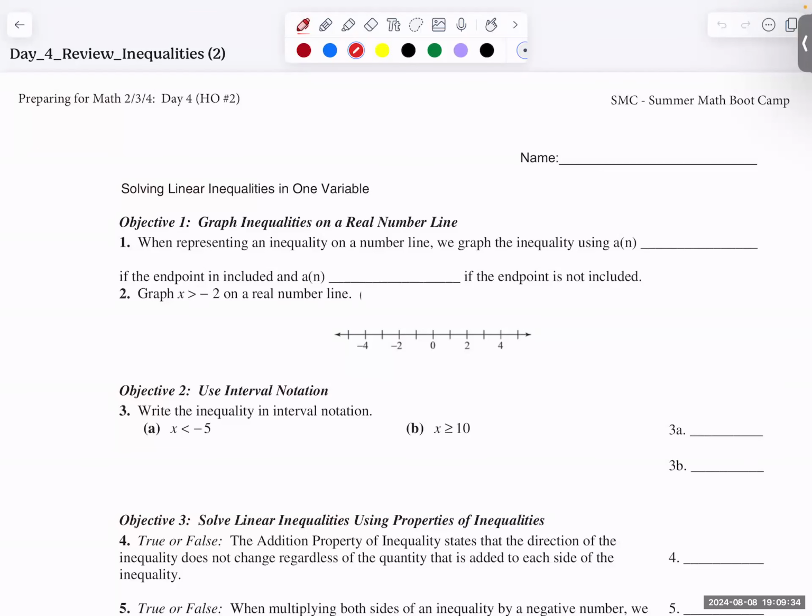Solving linear inequalities in one variable, objective 1, graphing inequalities on a real number line.